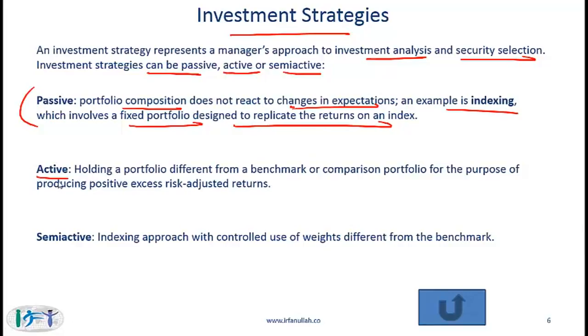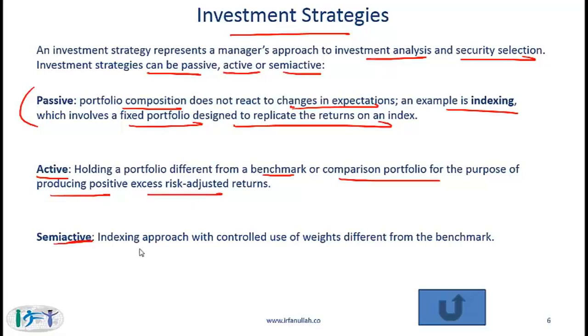An active strategy is one that tries to beat a benchmark, holding a portfolio different from a benchmark or composition portfolio for the purpose of producing positive excess risk-adjusted returns. So ideally, if you have a benchmark, you take the same level of risk as the benchmark, but try to outperform the benchmark. And then semi-active is somewhere in between.